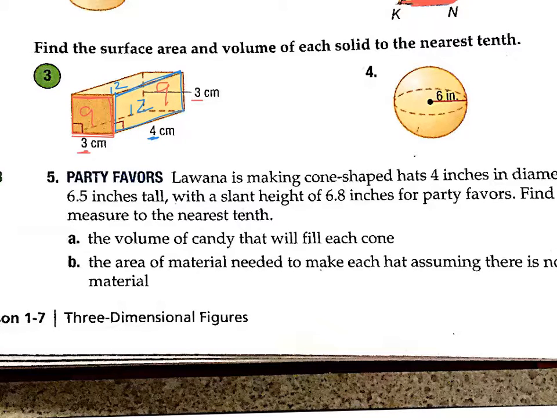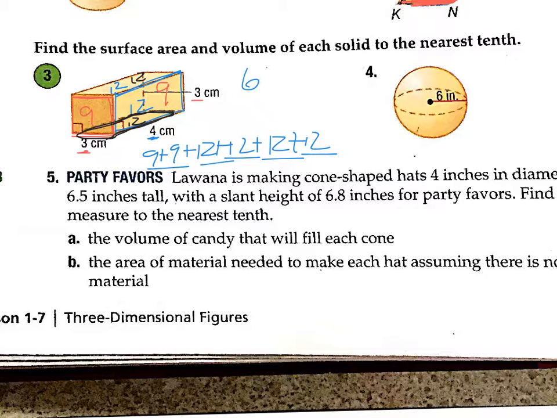Then I've got to do the top and the bottom. The bottom here is a rectangle. It's also 4 by 3, which is 12, which means the top is 12. So then all I do is add all those together: 9 plus 9 plus 12 plus 12 plus 12 plus 12. That's 24, 48, and 18 would be 66. That'd be 66 centimeters squared. Area is in square units.